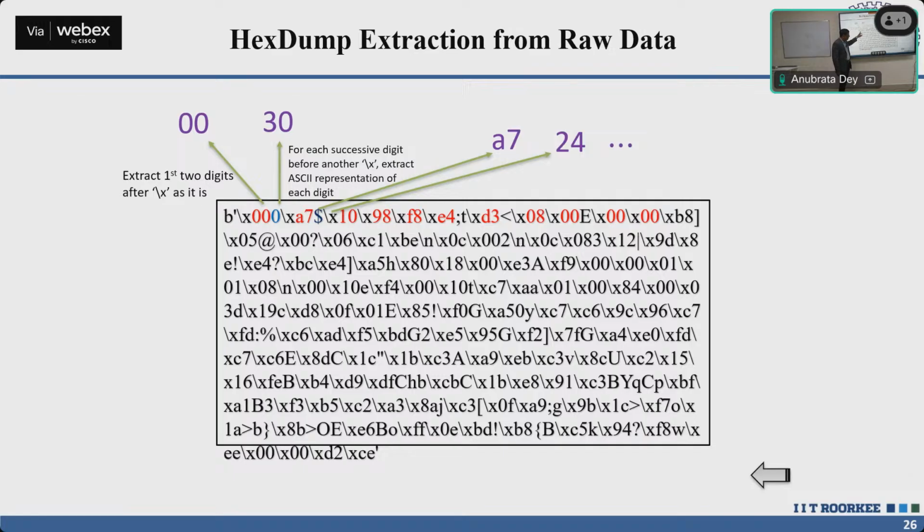Whenever you have the first \x, after that you can see there are some digits. I have mentioned here the first 2 digits after this \x, you take as it is, and the third one you have to convert into this form. That is what you have to do.